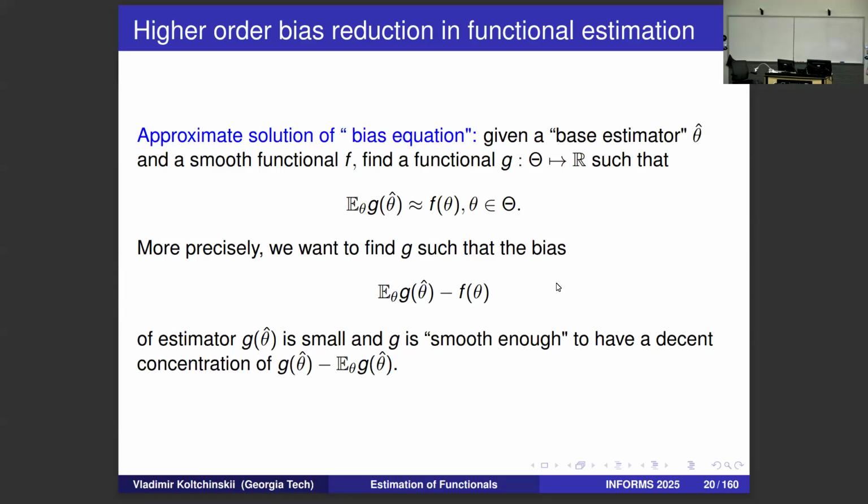But what if instead of using f of theta hat, we use g of theta hat for a properly chosen function g? We are trying to choose function g such that, ideally, the expectation of g of theta hat is just equal to f of theta. In this case, we will construct an unbiased estimator.